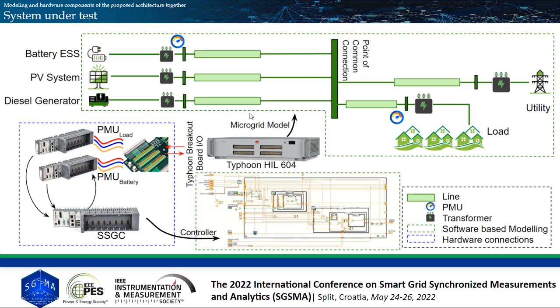Now, in this slide, we are essentially summarizing the entire system under test. We have the entire microgrid model implemented inside the Typhoon HIL-604, which is talking to some of the local PMUs, which is connected to the load, connected to the battery, and those PMUs are connected back to the SSGC, the Synchrophasor Synchronization gateway and controller, which is hosted on a National Instrument Compact Trio, which the internal graphical program is shown over here on the bottom.